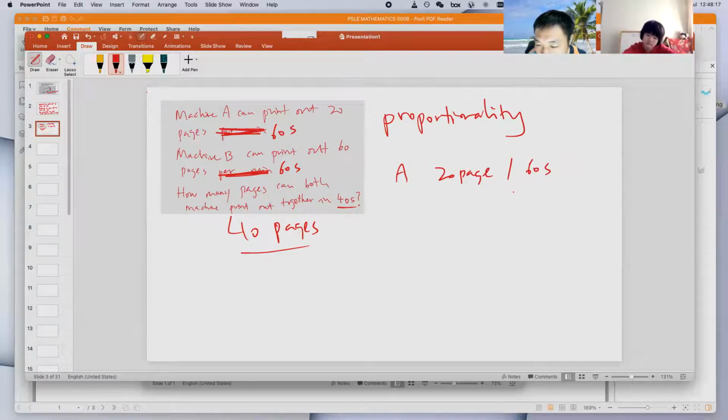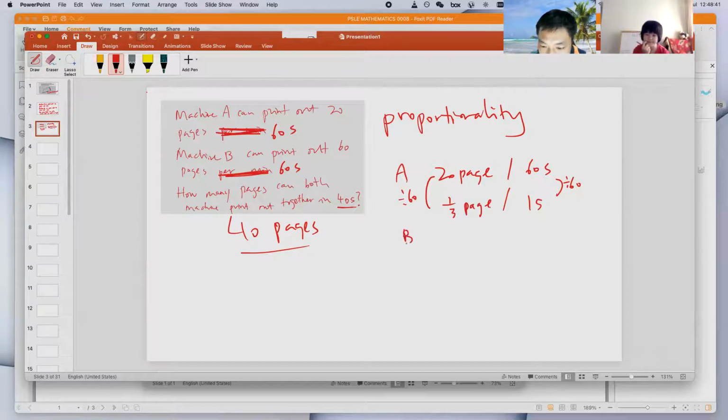So 1 second is how many pages? You divide by 60 here, so the time divided by 60, of course the output also divides by 60. So you are going to get 1/3 page, right?